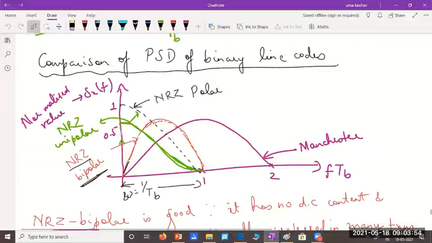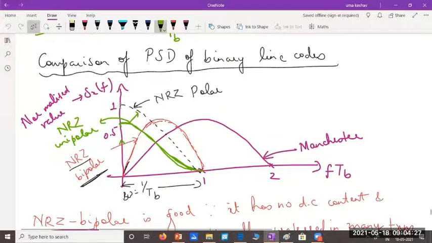But in unipolar, in addition to this, we had a DC component. Remember, there was a DC component present here in the unipolar signal. That's the reason unipolar is usually avoided, and it has higher power values at DC or 0 frequencies. So unipolar is not preferred.